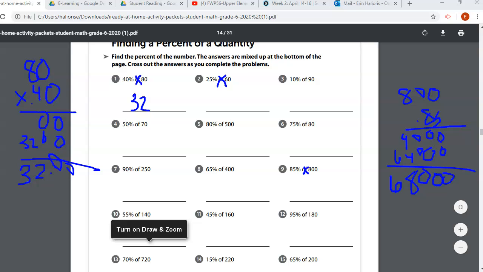Two decimal places after, 85% of 800 is 680. Okay, I think you got the picture there.